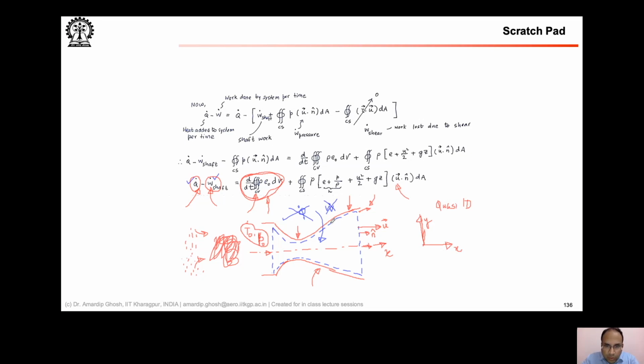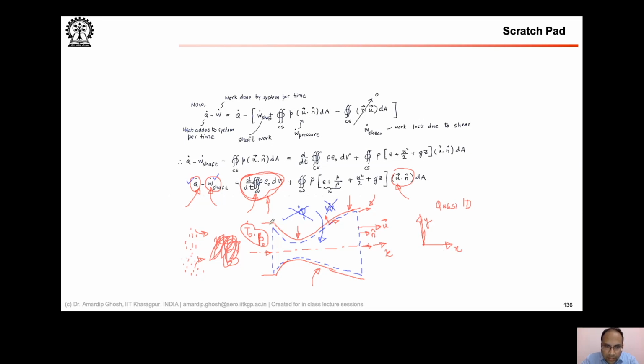So it can be shown that here your velocity is like this, your surface normal is like this. So for these surfaces, this u dot n term vanishes. Similarly, for this surface, your u dot n term vanishes.